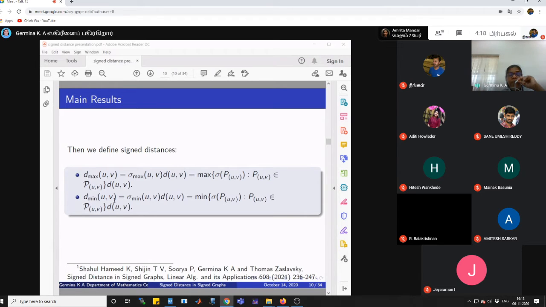Similarly, d min of uv equals sigma min of uv times d_uv. That is the minimum of sigma of P_uv, where P_uv varies over script P_uv, times d_uv. So you have two kinds of distances. That is very important to note: d max of uv and d min of uv.